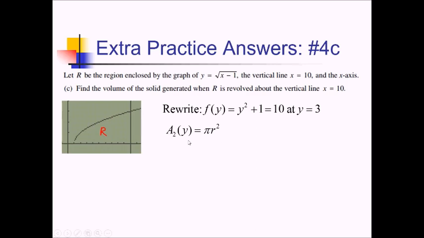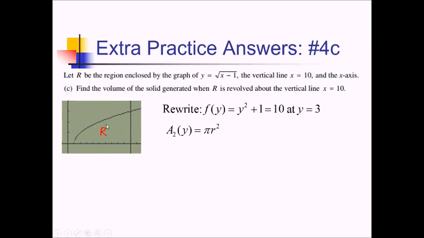This is a function of y. So I have to replace this r with something that has a y in it. Now the radius in this case is going to be the distance between my axis of revolution and this curve here, the other side of the bounded region, but this is a left-right distance now. So to get that left-right distance, I need to do the x value 10, which is my axis of revolution, 10 minus whatever x value this over here is.